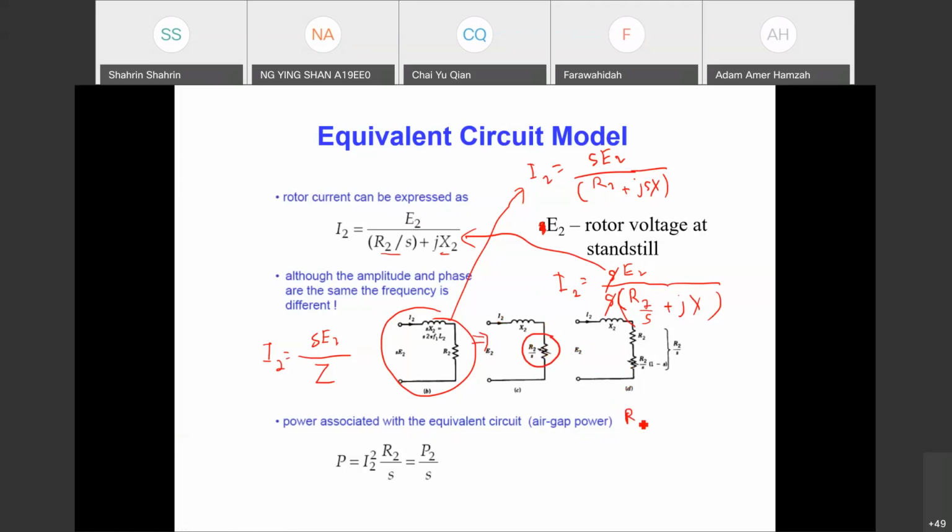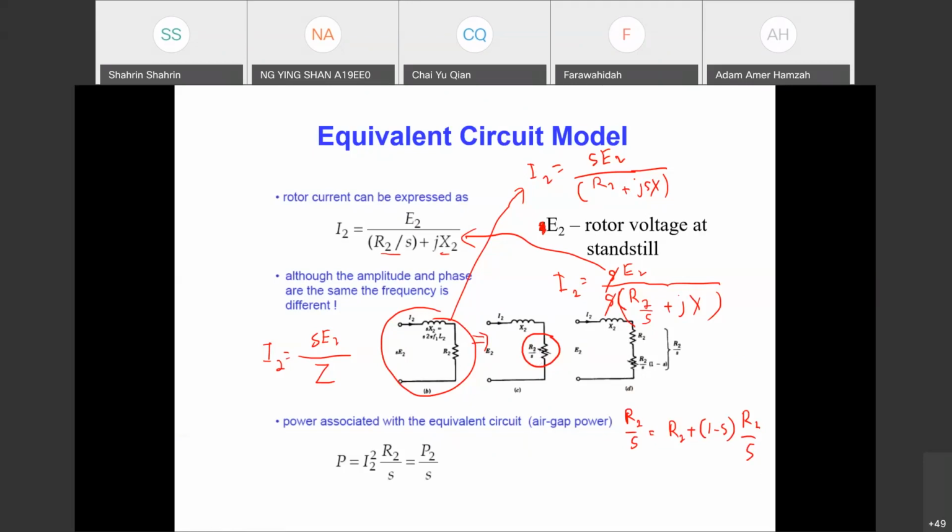Okay, so R2 over S, we expand this as equivalent to R2 plus (1 minus S) over S times R2. So finally, the circuit that we use is this one: R2, which is a fixed value, and a variable resistance here, which, if you sum up all together, you will have the original value, which is R2 over S.